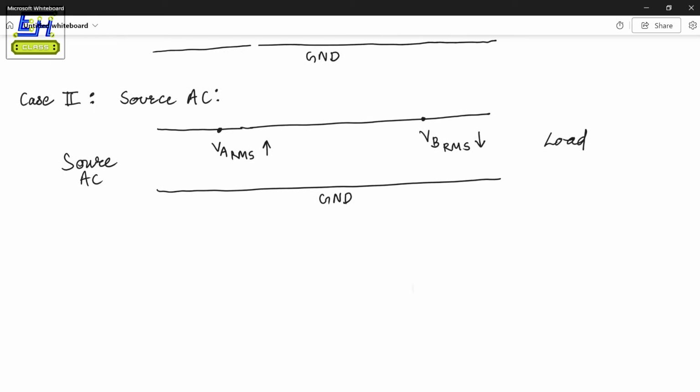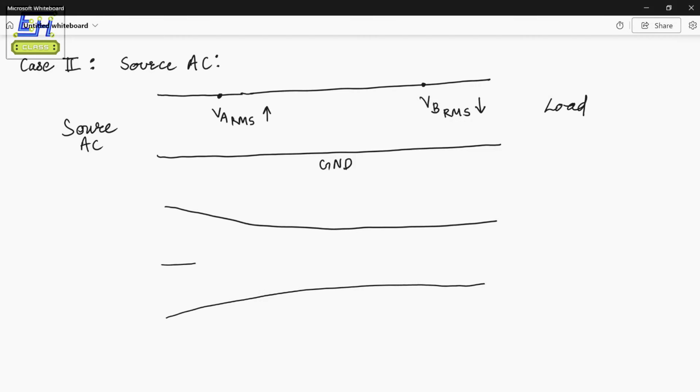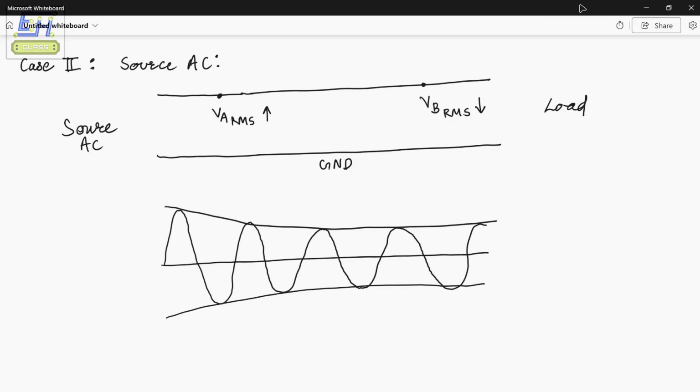And to visualize it, if we see the instantaneous voltage across the line, what we'll see is that the voltage swings will gradually decrease, which explains that the VA RMS will be higher and the VB RMS will be lower if it is closer to the load.